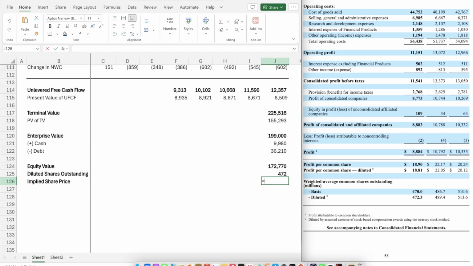To get the implied share price, before we go on to that, this is encouraging: the share count is decreasing because they do quite aggressive buybacks. Equals take your equity value and divide it by your diluted shares outstanding.